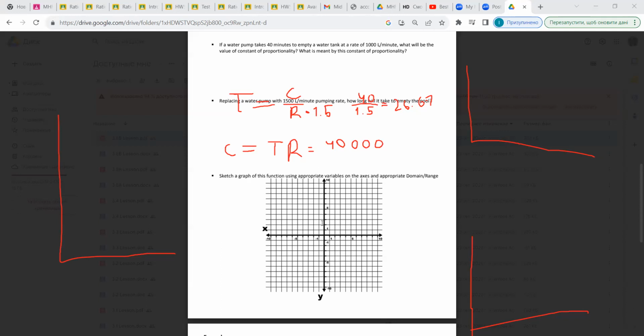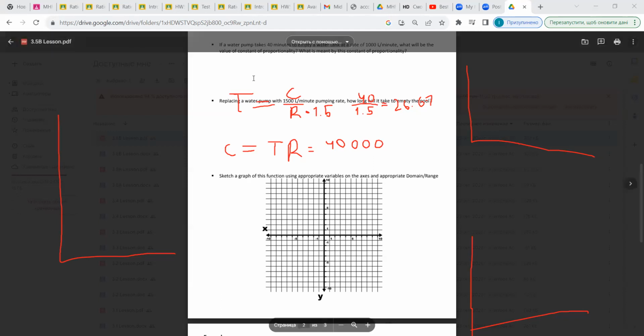Domain and range is similar to what we just did before. And if we were to sketch this graph, we would see that it looks exactly the same as the one we had before. It would be something like this. But you just need to find 3 points that you're going to sketch through.